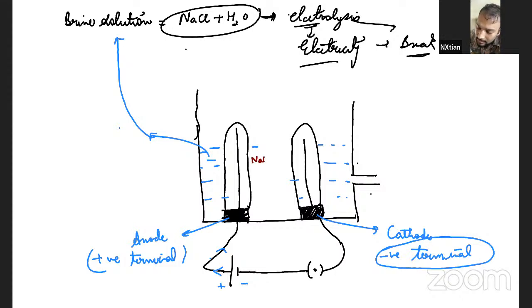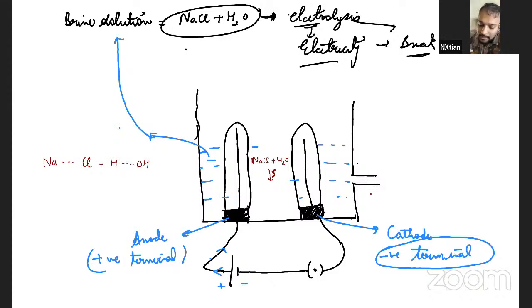Like NaCl was there, NaCl, and then water is there. Then I pass electricity. Then you know what happened? Here NaCl, Na and Cl break their bond, and H and OH break their bond.